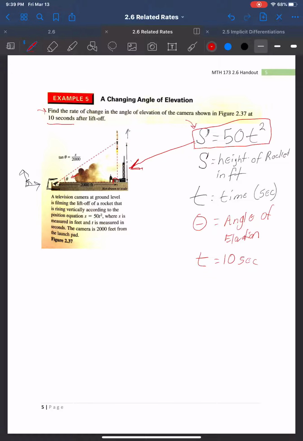Right? S, the vertical, the height. So let's go ahead and do that. So S is going to be equal to 50 multiplied by 10 squared. Right? So 10 squared is 100 times 50 is 5,000. So S is going to be equal to 5,000 feet. I'm going to write that.